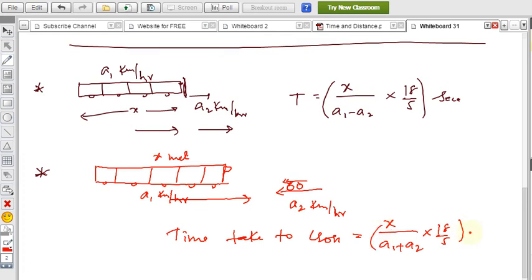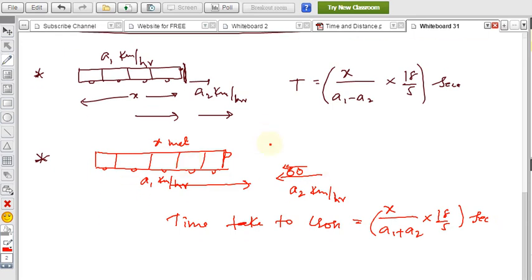This is in seconds. Same direction is a1 minus a2, opposite direction is a1 plus a2, because in the opposite direction the speed will increase. In the same direction you have to subtract the speeds. These are the two.